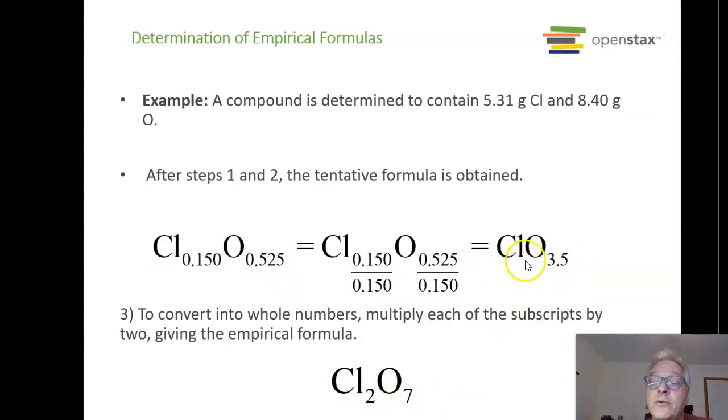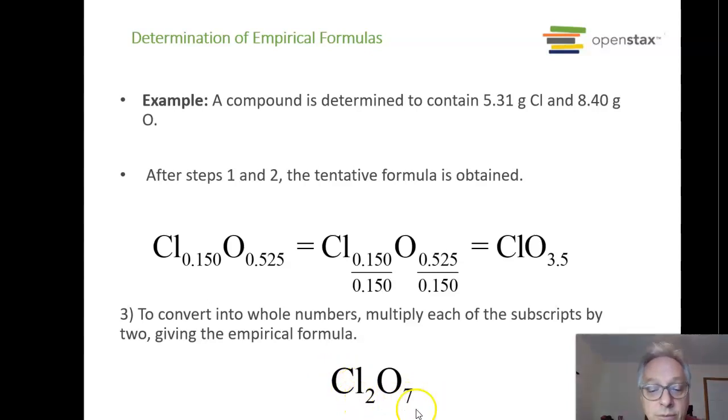And if you multiply through each subscript, remember there's like a 1 there. We don't see it. That would be a 2 and a 7. If, for example, maybe it said 2.25 and 3, then you'd have to multiply through by 4 to clear that 0.25.